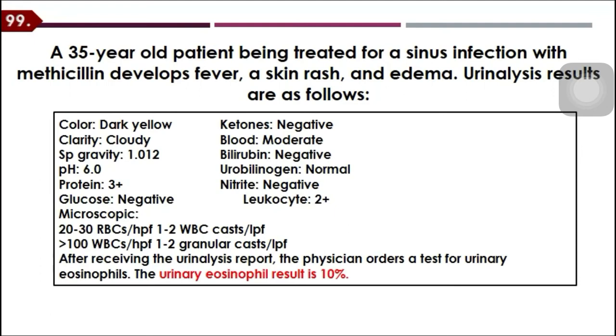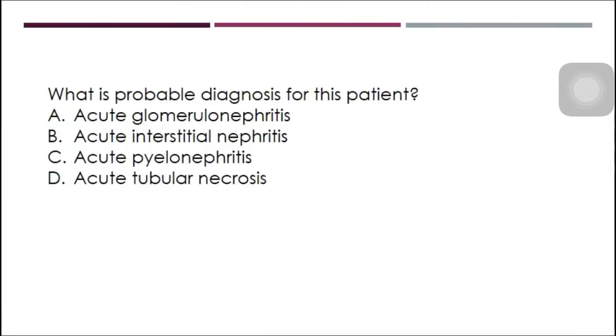After receiving the urinalysis report, the physician orders a test for urinary eosinophils, and the urinary eosinophil result is 10%. Remember, only 1% is significant, so 10% is indicative. Is it acute glomerulonephritis, acute interstitial nephritis, acute pyelonephritis, or acute tubular necrosis? Okay, correct answer is letter B. Again, eosinophils for acute interstitial nephritis.